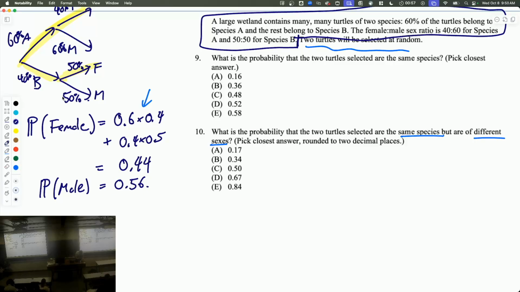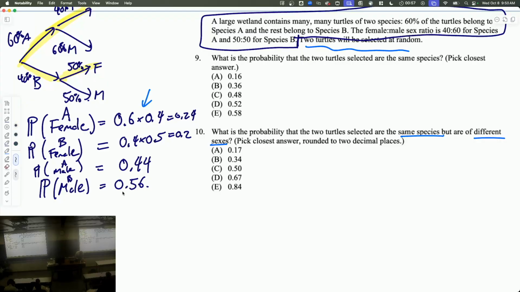So there's, let's say, an A female and a B female. And I just have all the four probabilities. So this one is this. This one is this. This is 0.24. This one is 0.2. And then I got an A male and a B male. And they're going to be different numbers.